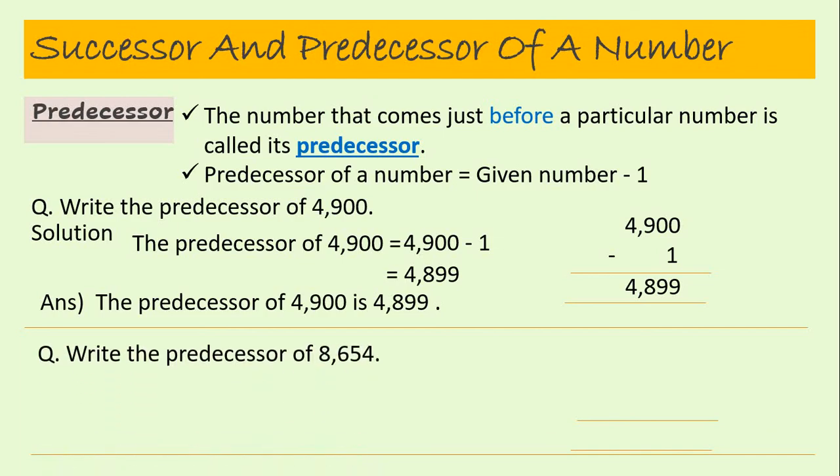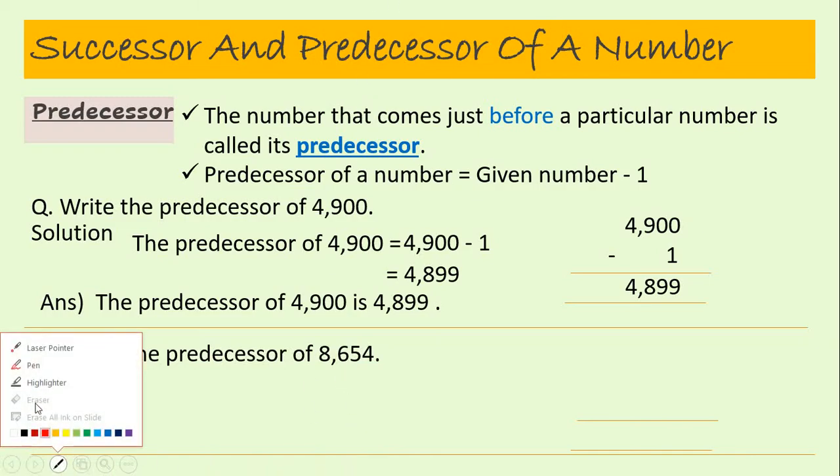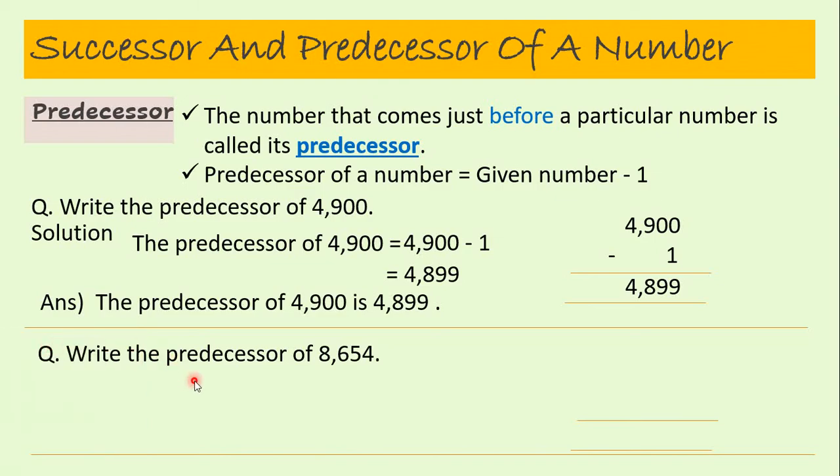Now take another question for practice. Question. Write the predecessor of 8654. Solution. The predecessor of 8654, as we know, the given number less 1, the given number here is 8654. So 8654 minus 1.